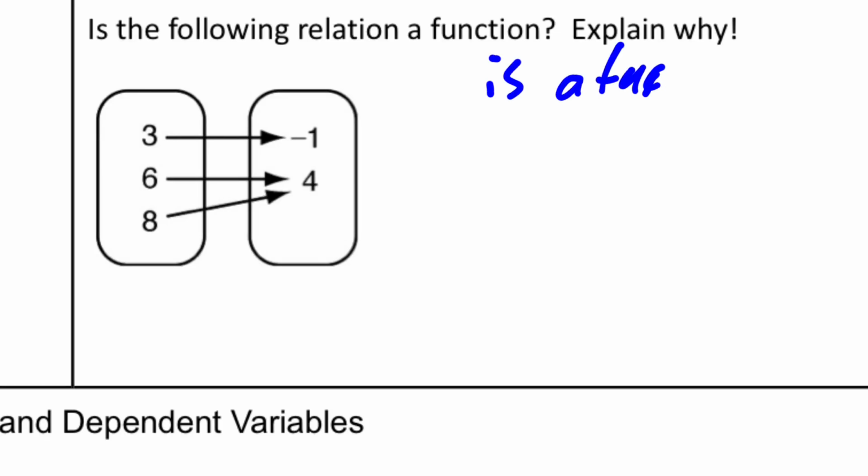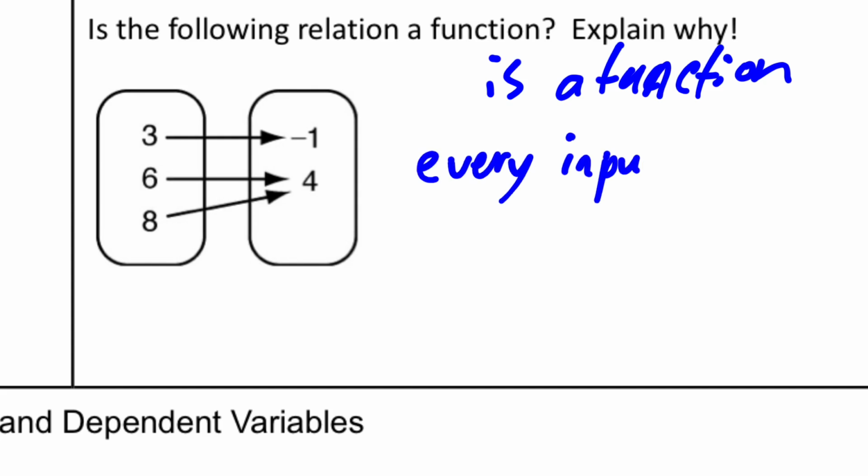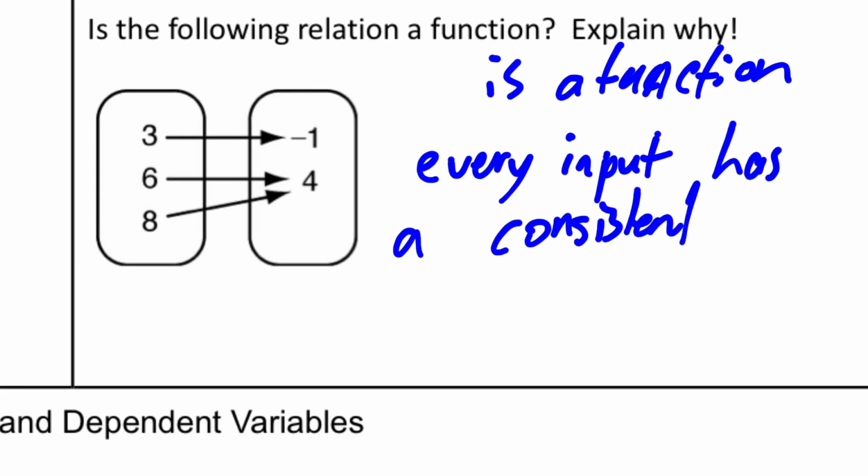Every single x has a unique y, or it has the same y every time. Every input has a consistent output. It doesn't matter that I see 4 here twice. For whatever the rule is, I'm following it because 6 gives me 4 and 8 gives me 4.